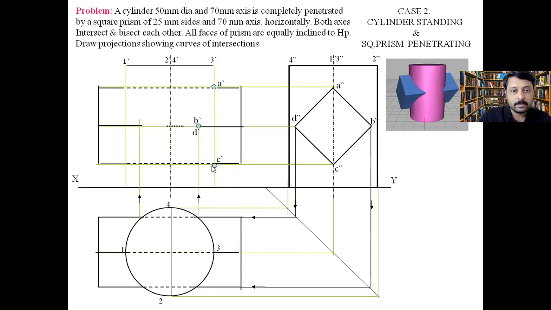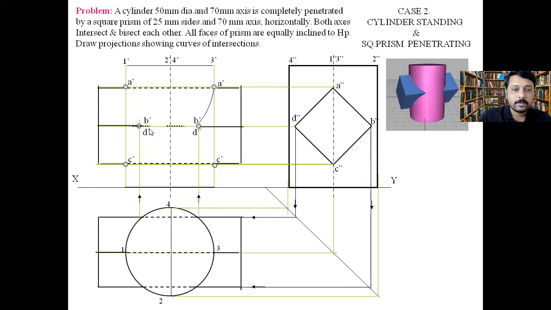Why are A dash and C dash coming here? Because A comes here and C comes here. Also this line is going to come here, so A and C. B and D are on one line, so we have to draw this on one line, B and D. Similarly to the left side, we can get A dash, B dash, C dash and D dash.